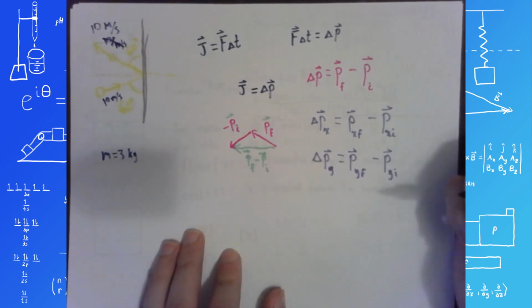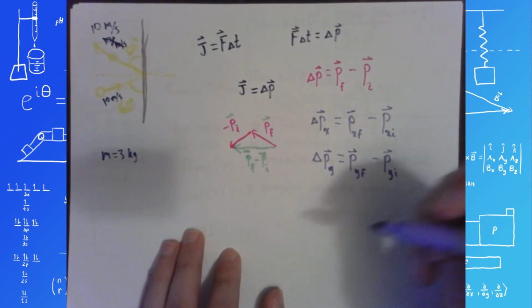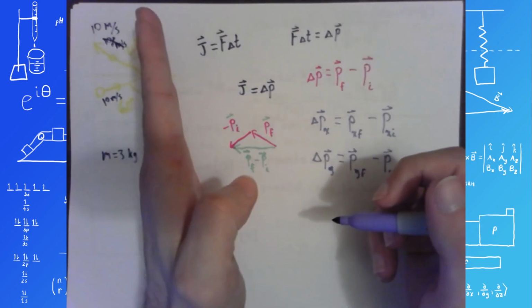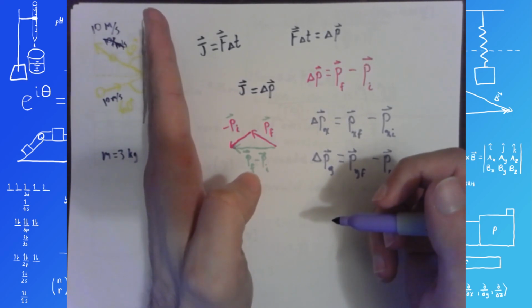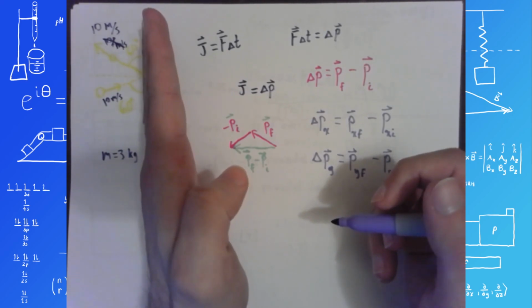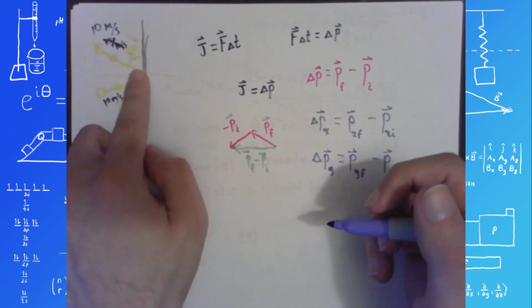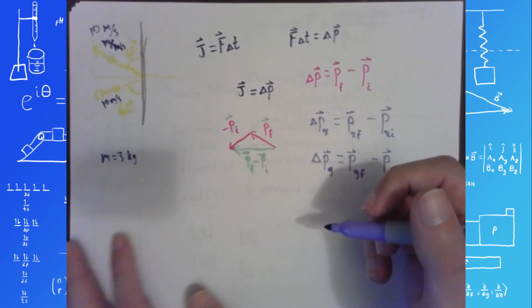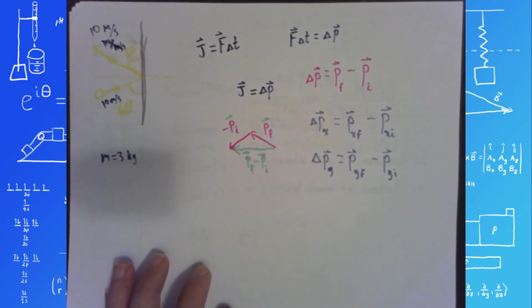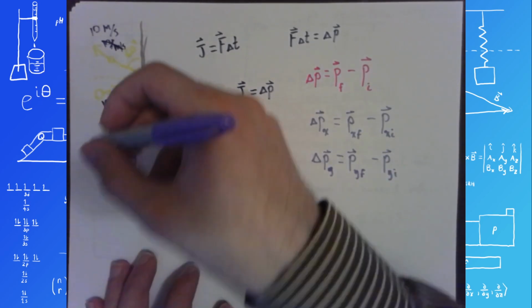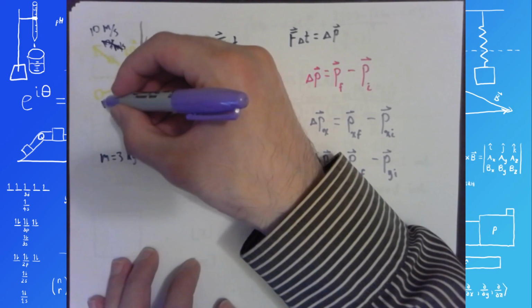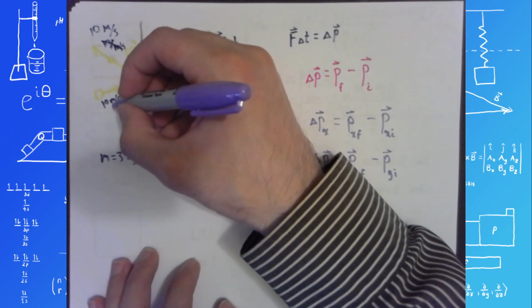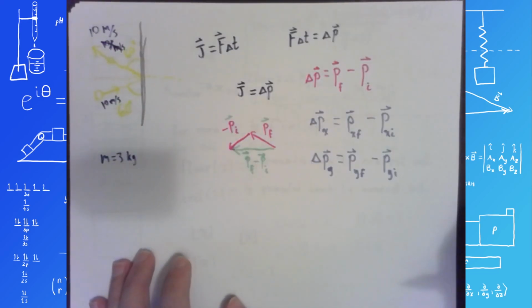So for momentum in the y direction, for this one it's going to be 10 times cosine of 60 in the upward direction, and for the final, well, I guess I'm doing the velocity rather than the momentum, but yeah, let's multiply the mass in. If you multiply in the mass, then the total momentum is 30 here and 30 here in magnitude.